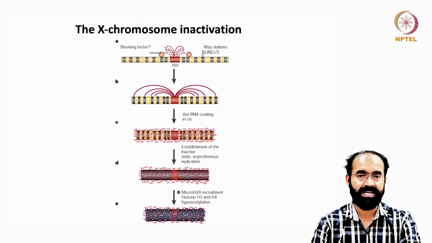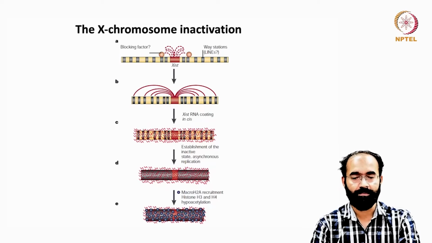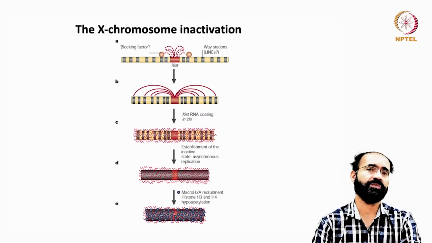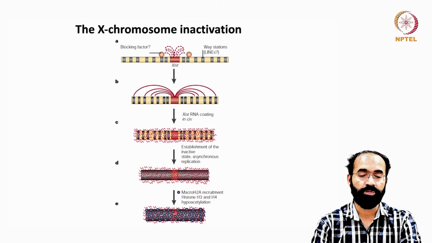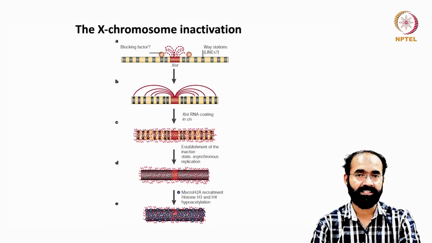Once the transcription has started, we know that there is histone modification that kickstarts, that is deacetylation takes place, hypermethylation takes place, etc. So this spreads like a nucleation point right from here, and they are also contributed by certain repeat elements such as LINEs, long interspersed nuclear elements, and SINEs stands for short interspersed nuclear elements. They are genome repeats, and they can contribute as stations for spreading this inactivation.